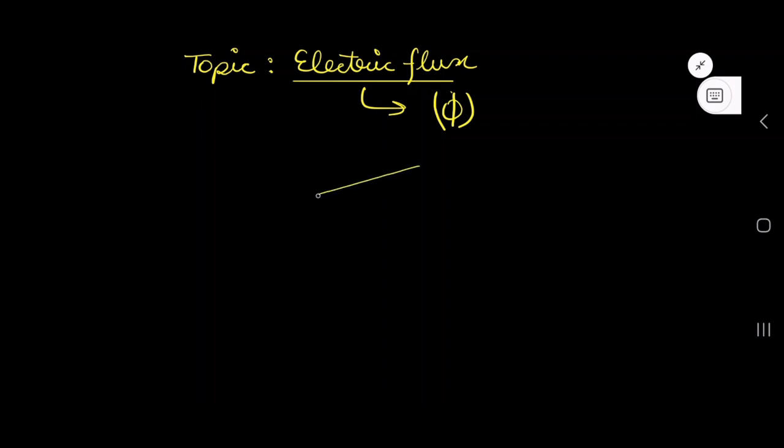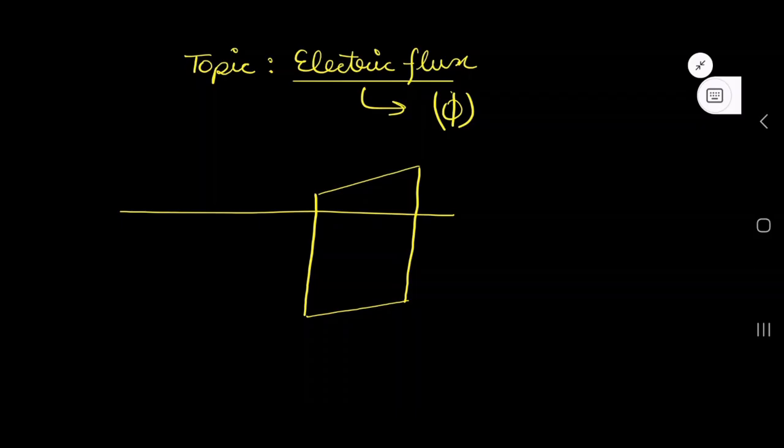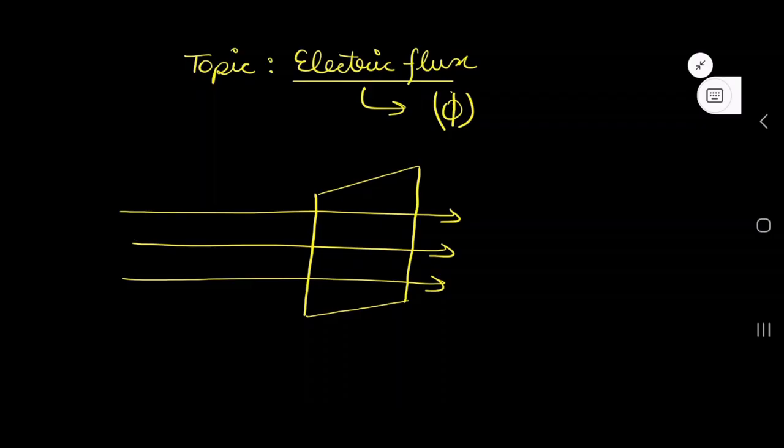Suppose we have this planar surface over here. So what is electric flux? Now if we say that some electric field lines are crossing through the surface, so let me show you some field lines. So these are some field lines which are crossing through this plane surface.